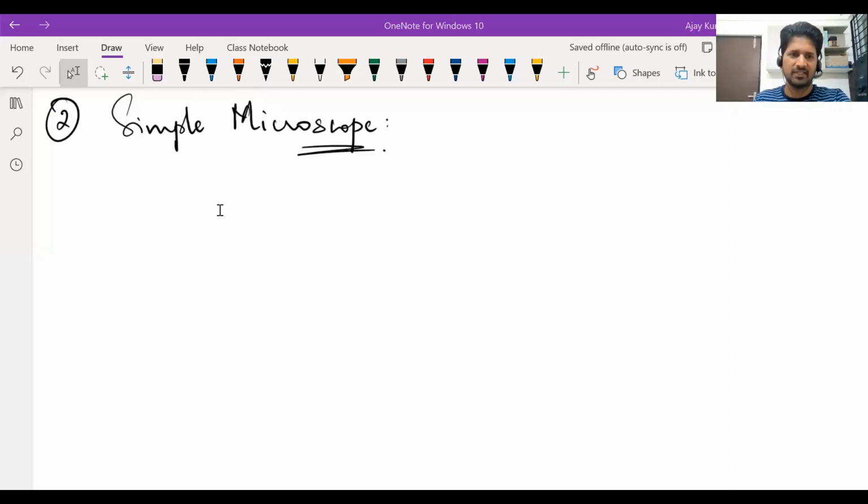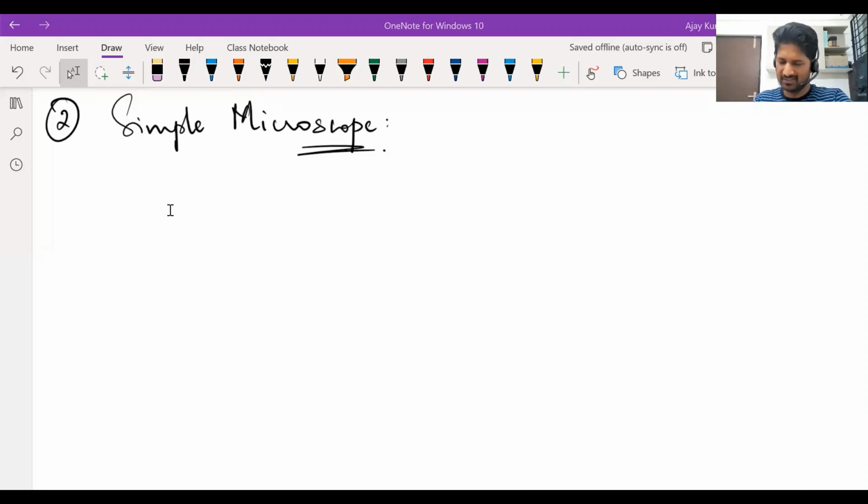Okay, fine. Pradyun is saying a single lens. Yeah, single lens. What kind of single lens? Magnification should be there.